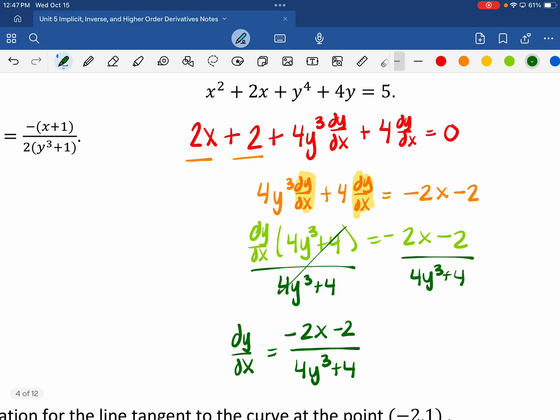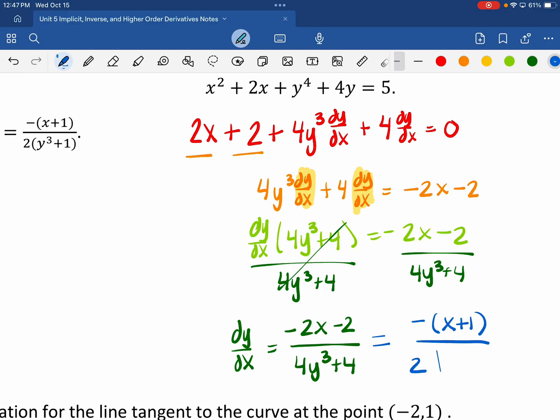You don't have to show your simplifying steps, but you do want to put that it equals what they want you to show it equals. So make sure your final answer matches what they want. From here to here, it's just simplifying, which you don't have to show, but you do have to put equals and then their final step.